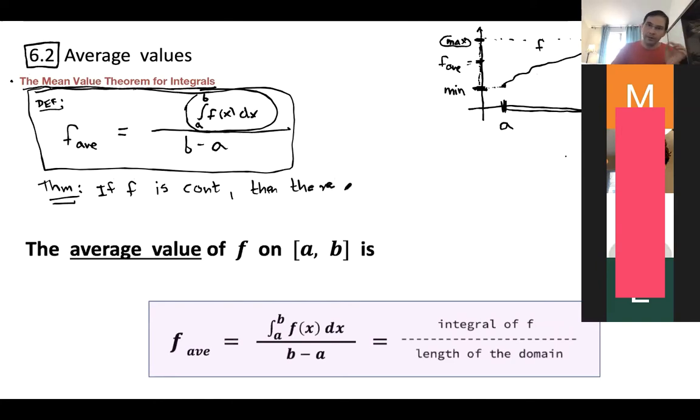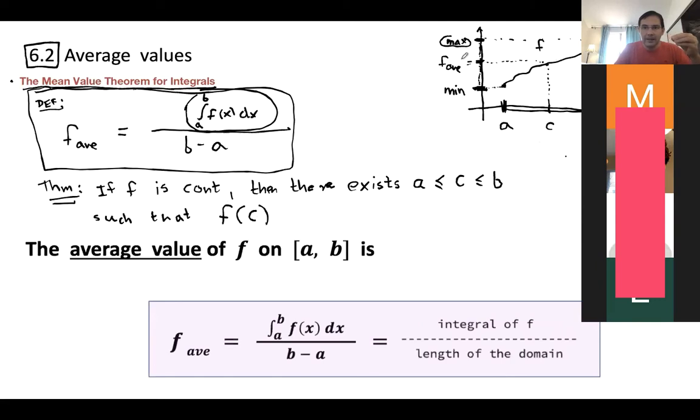there exists a point C in between A and B, such that, the point C in this example would be right here, such that if you evaluate this function f at this point C, that will give you exactly the average value of this function.